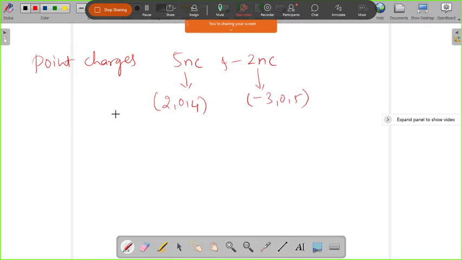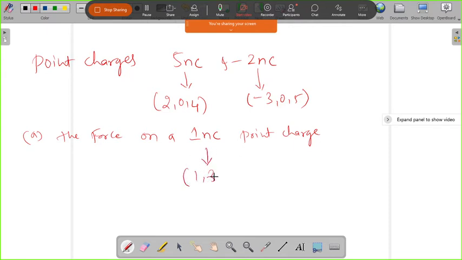Now you have to find out the force on a 1 nanocoulomb point charge, which is located at the coordinate (1, minus 3, 7).